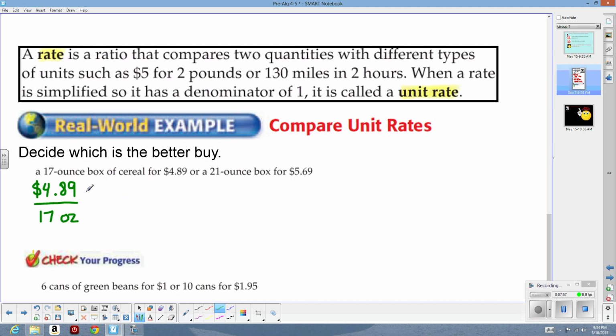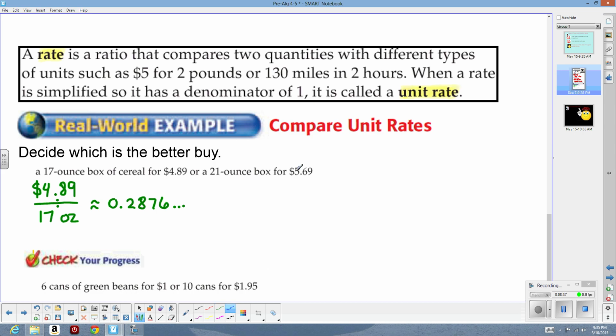To figure out how much it would be for 1 ounce, if it's $4.89 for 17 ounces, we're going to take $4.89 and divide it by 17. And that works out to be about, I'm going to put a few decimal places down here because sometimes they're really close and you might have to compare out several decimal places. So 0.2876, that's probably enough for me to see. It's that much per ounce.